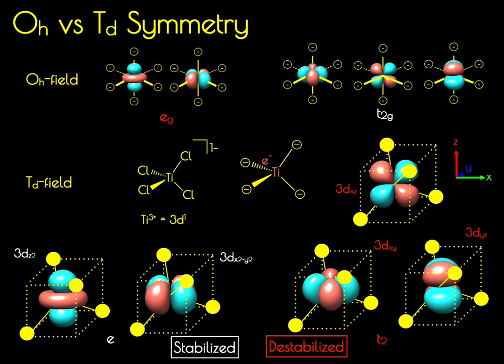This is the opposite of what we saw under Oh symmetry. Furthermore, we would expect that the extent of stabilization and destabilization experienced under Td symmetry will be far less than experienced under Oh symmetry because everything is off axis and therefore less strongly interacting with those point charges.